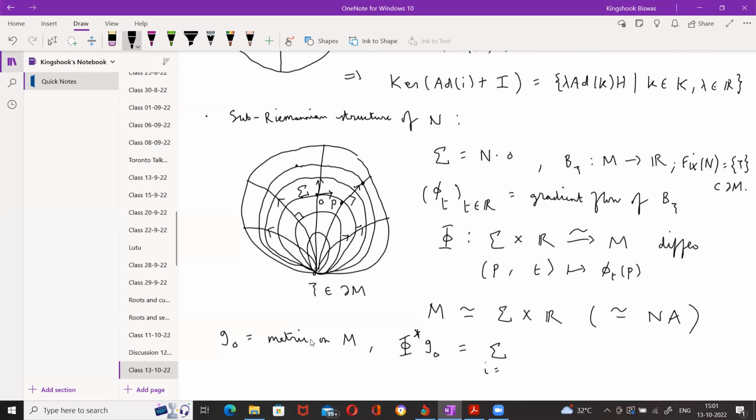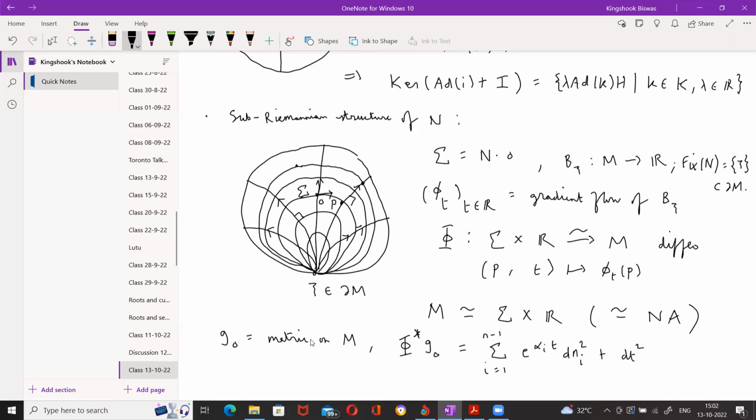So if I take the roots, i goes from 1 to n minus 1. Then what will happen is, in fact, this will be of the form e to the 2 alpha_i t dn_i squared plus dt squared.